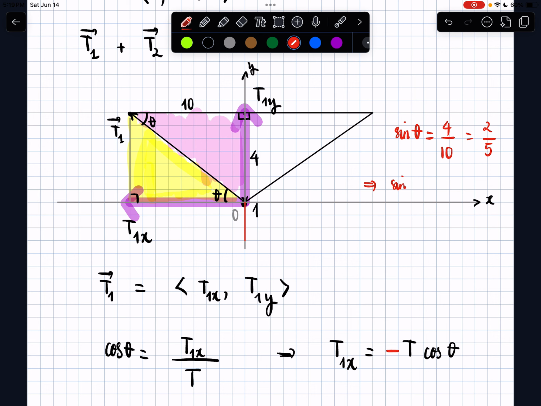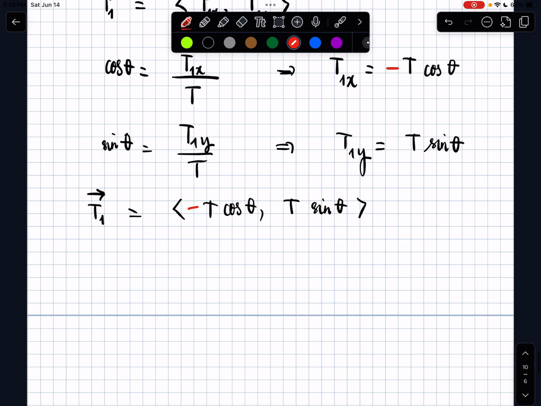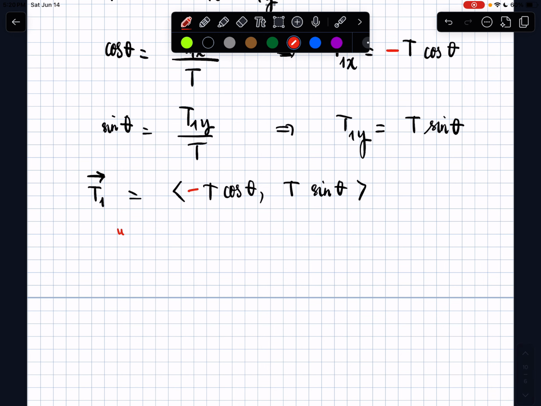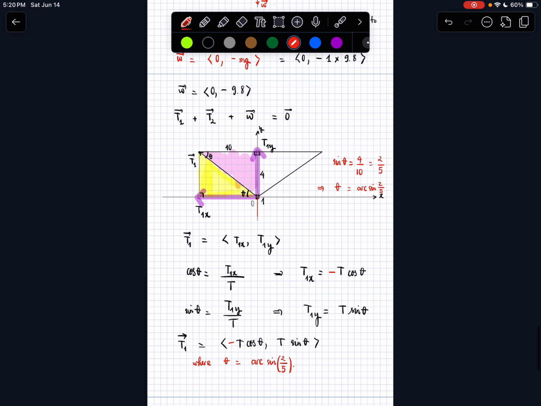So theta is arcsine of 2/5. So that is T1.